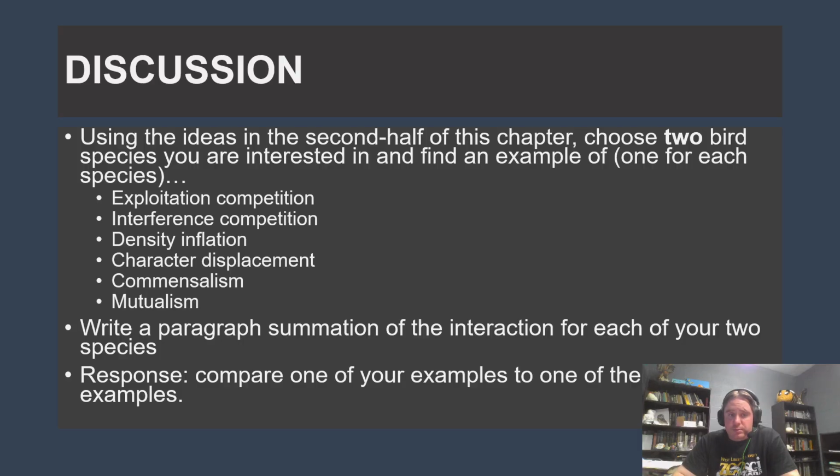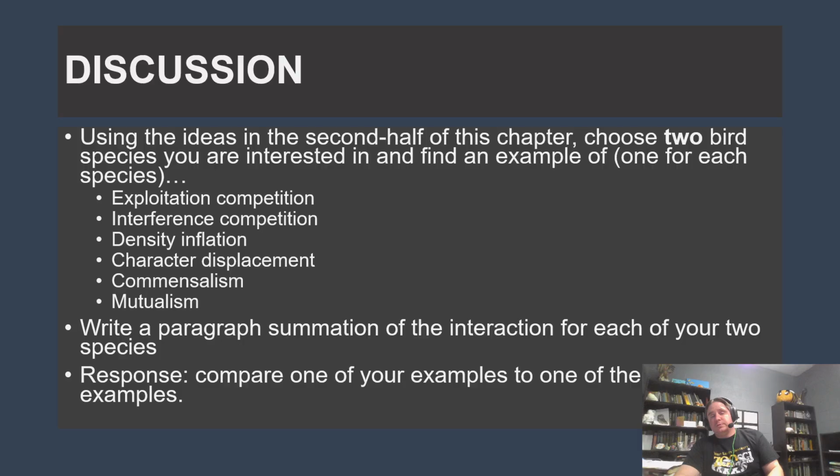Here's what you have to do. Using the ideas from that second half of the chapter, choose two different bird species, whatever two you want, I don't care, and for each one, find an example of any of these topics that you are interested in. It could be exploitation competition, interference competition, density inflation, character displacement, commensalism, or mutualism.